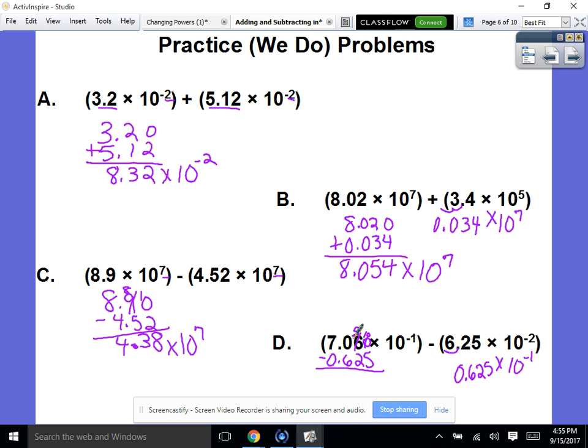That would be a 5. So 10 minus 5 is 5. 5 minus 2 is 3. That would be a 10. We'll make that a 6. 10 minus 6 is 4. And 6 minus 0 is 6. And we keep the power of negative 1 that we changed it to. So you'll need to pause the video and write those down.